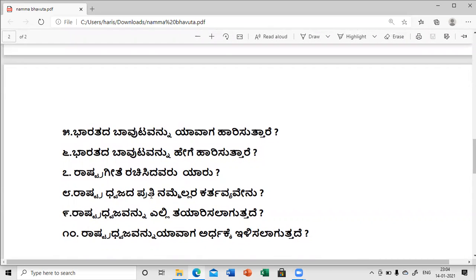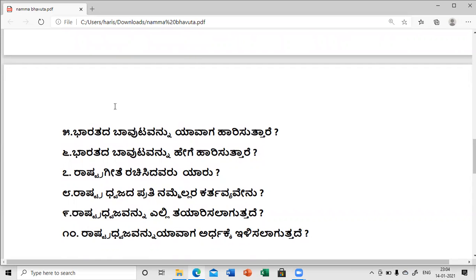ರಾಷ್ಟ್ರಧ್ವಜದ ಪ್ರತಿ ನಮ್ಮೆಲ್ಲರ ಕರ್ತವ್ಯವೇನು? So we need to see the question word kartavyaveno. So eno is what? Like what's our duty towards our national flag? So Rashtradhwaja is a common word here. Okay.